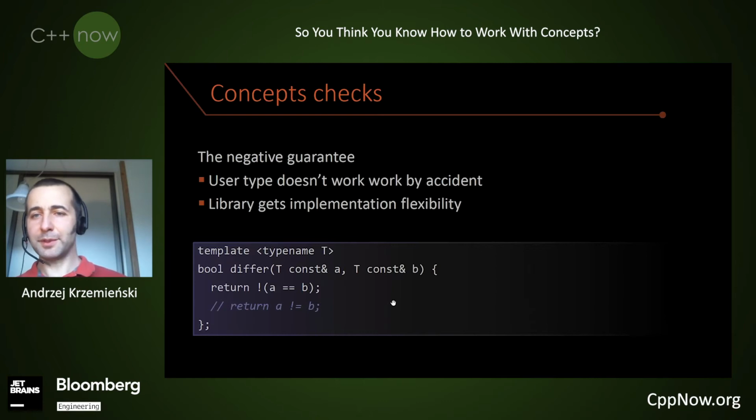But if I at some point observe that bang equals is actually a better implementation of my function and I change it, I would potentially break my user's code. But now if in my interface I require more than I need today, I protect my interface for the future implementation. Yeah, I give myself a freedom to change the implementation if I require too much. This is what concepts in the language give me.